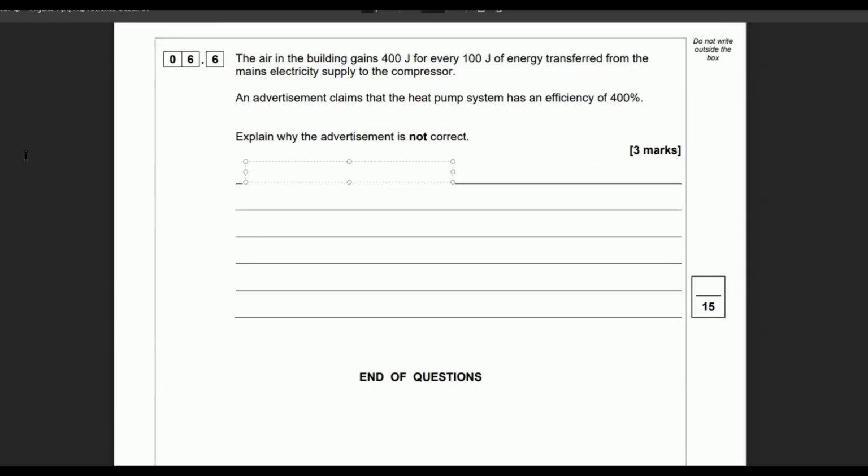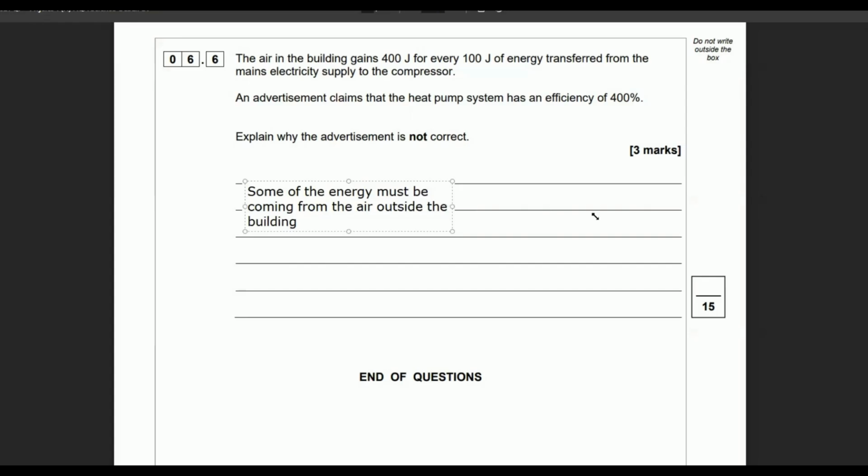Ooh, I'm typing in white. No good. We need to be black on white here. The energy must be coming from, I should have said some of the energy. Let's do that. Some of the energy must be coming from the air outside the building.